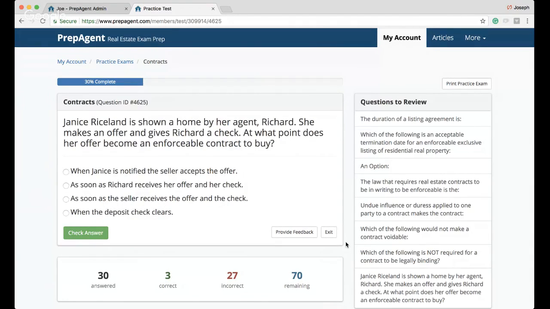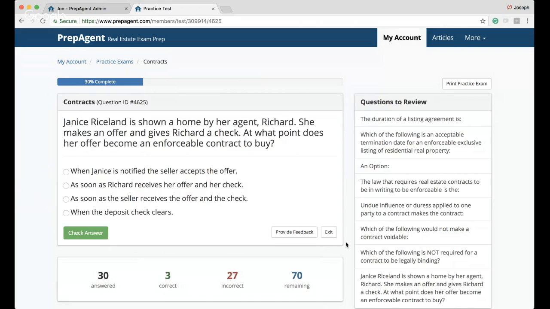Okay, Janice Riceland is shown a home by her agent, Richard. She makes an offer and gives Richard a check. At what point does her offer become an enforceable contract to buy? When Janice is notified the seller accepts the offer, as soon as Richard receives an offer and her check, as soon as the seller receives the offer and the check, when the deposit check clears.